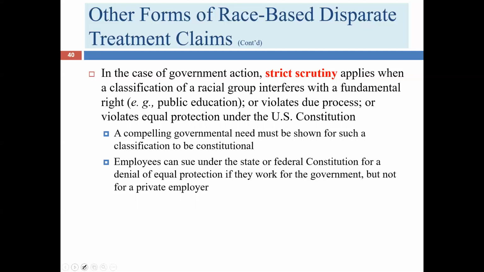And having people of other races present might interfere with some of that transmission. But I think that those types of schools, if they exist, have probably run afoul of the strict scrutiny requirement. So I would say that it's unlikely that you would be able to see a government action that attempts to classify or segregate people based upon race.